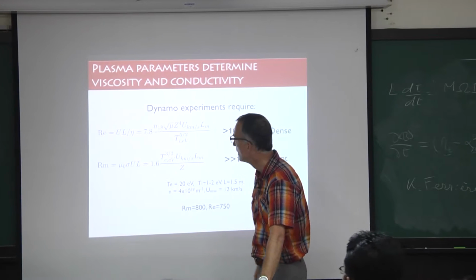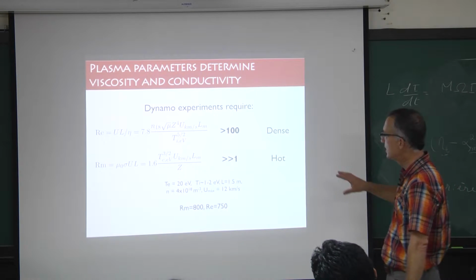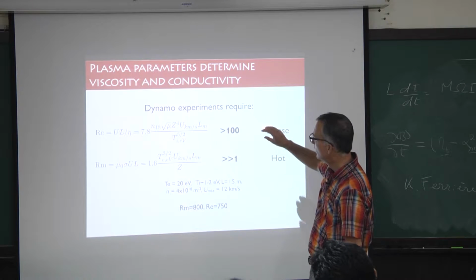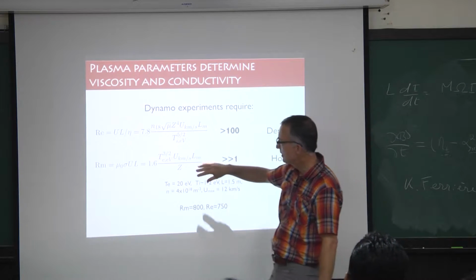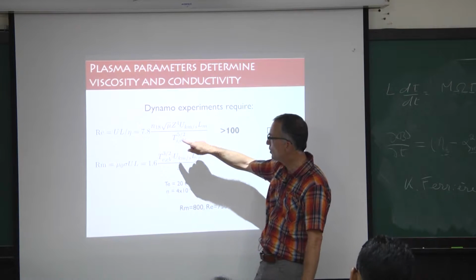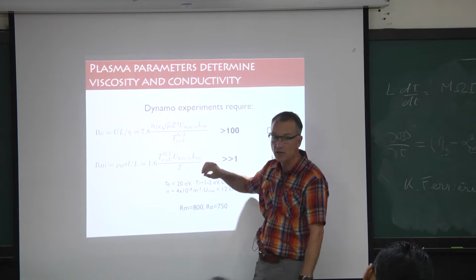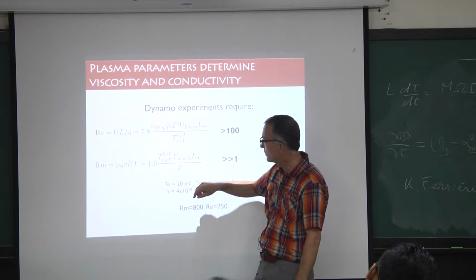So let me just tell you that the viscosity and the conductivity are functions of the plasma parameters. So I told you we know the density, we can measure it. We know what the ion temperature is, we can measure it. We know what the electron temperature is, we can measure it.